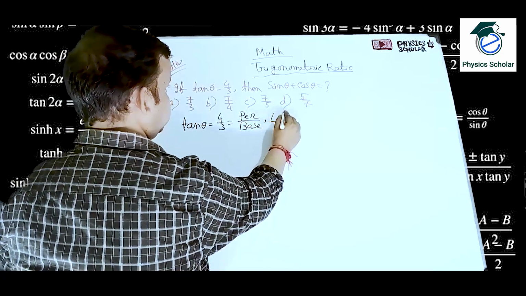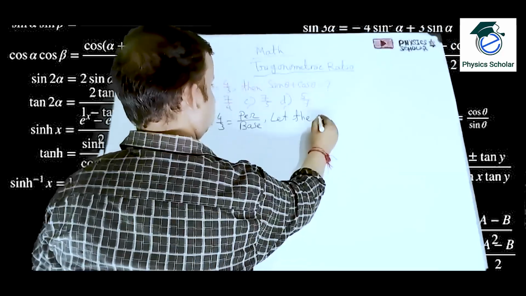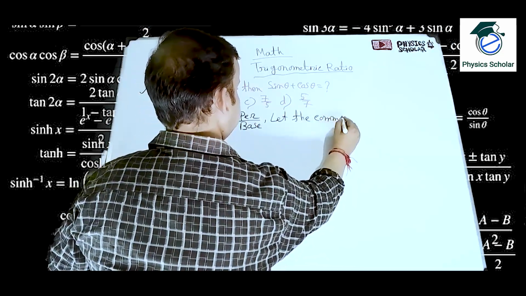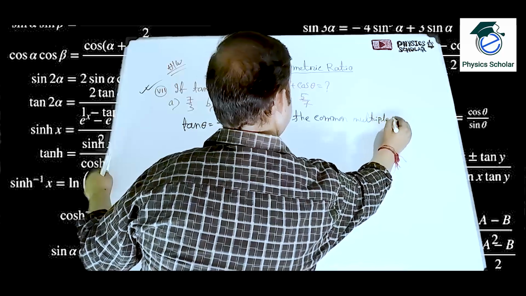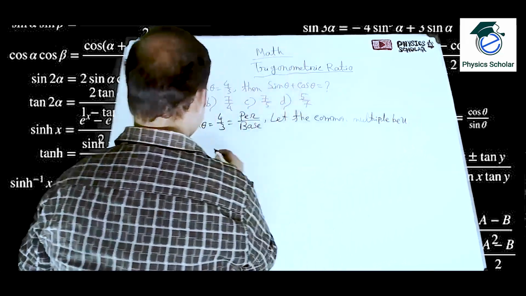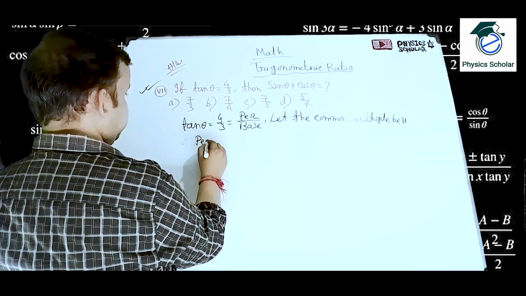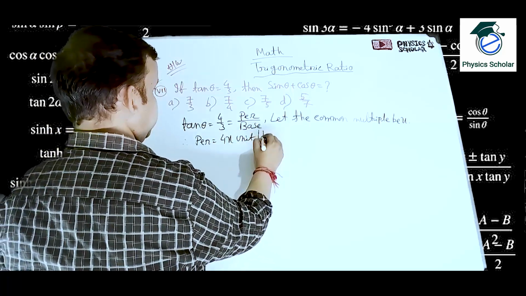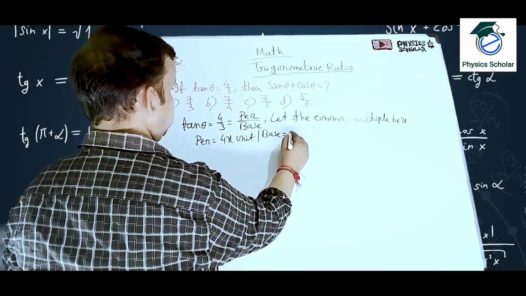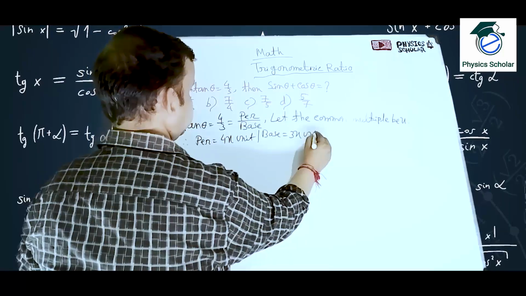So let the common multiple be x. So that means perpendicular is equal to 4x unit and base is equal to 3x unit.